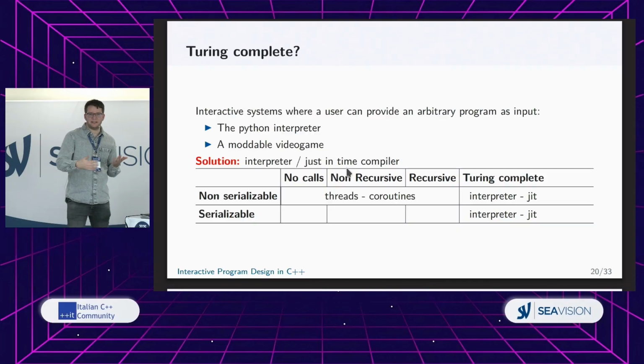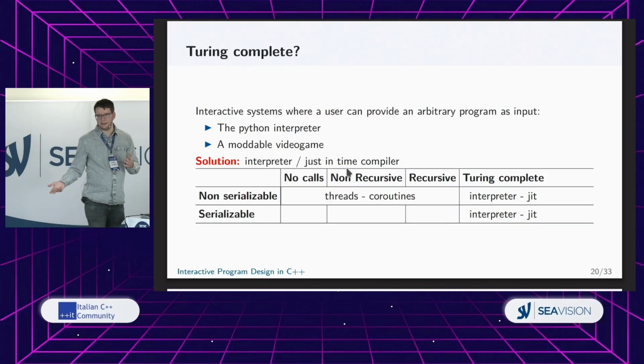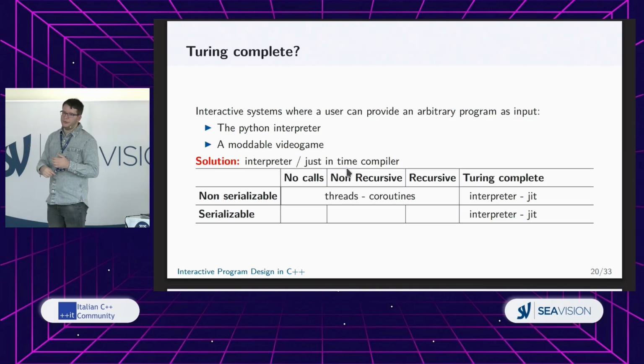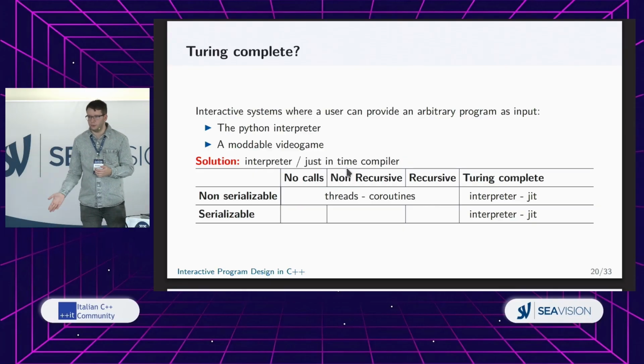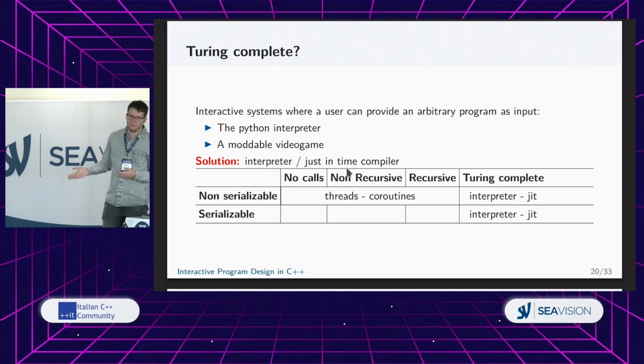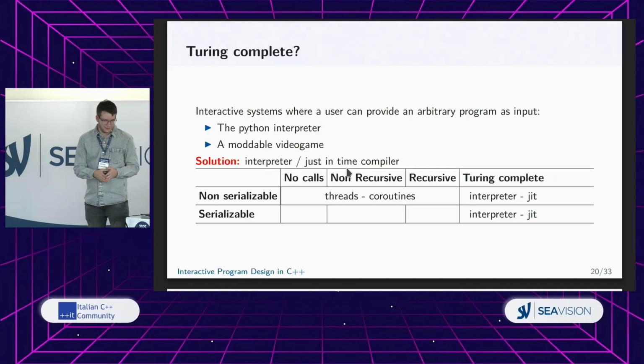If you have a C++ video game that is moddable, like the user can provide mods to alter the behavior, that is a Turing-complete interactive program because the behavior of the system changes at runtime. If you are in that situation, you need an interpreter or just-in-time compiler. I will not explain how to do it. You will have to watch another talk because it's a bit out of scope.